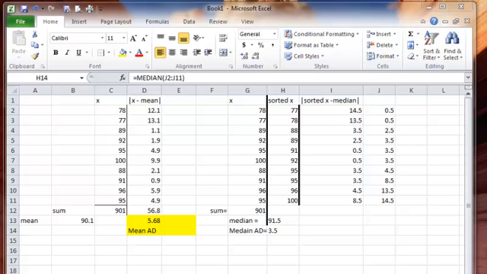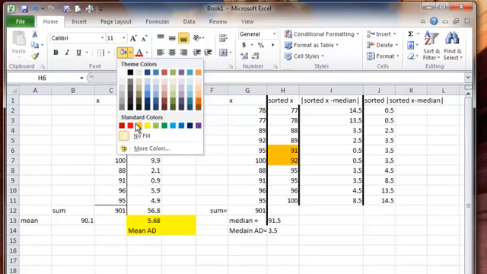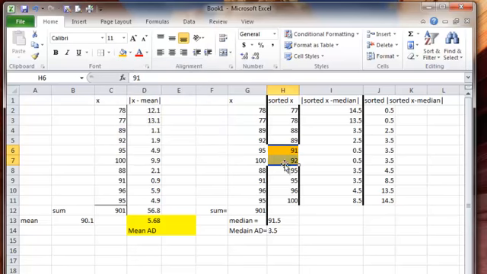And there you have how to find the median absolute deviation. So the steps again: I take my X values and I sort them, then I have to find my median, which, remember, the median is the average of those two middle data values. So the median would be 91.5.